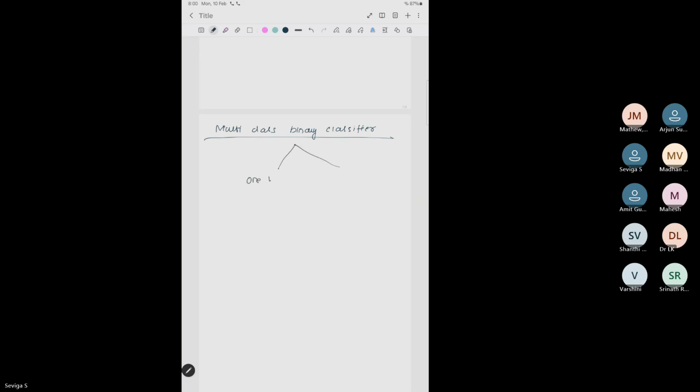One is one versus rest, and another one is one versus one. A multi-class classifier means an input can be assigned to multiple categories. So this is multi-class, multiple categories based on binary classification. How is that possible? It is possible using two approaches: one versus rest and one versus one. First we will see the first one.